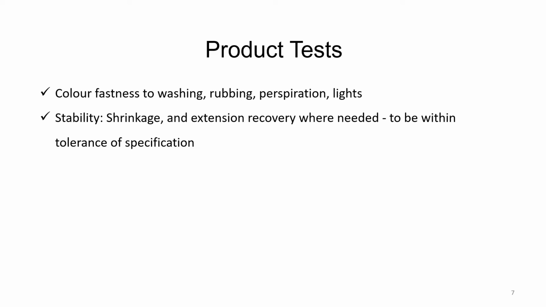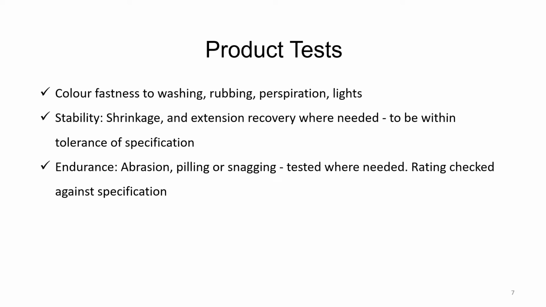But shrinkages or extensions beyond 3% is not practical, and technically it has been seen to adversely affect the fit of the garment. So any shrinkages or extensions beyond 3% have to be immediately corrected. That fabric cannot be used for production.